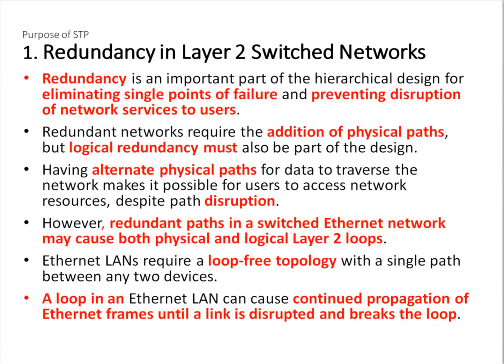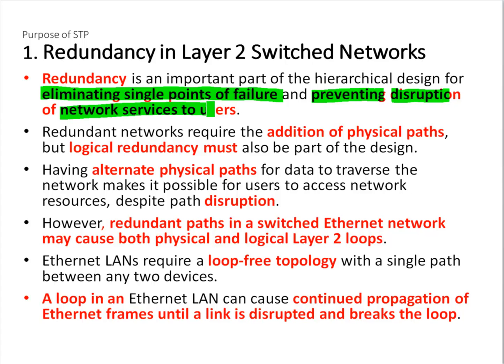Now, I am going to the redundancy concept, redundancy in layer 2 switch networks. It is a very important concept. Redundancy is very important for safety, for eliminating a single point of failure. If there is a failure in one place, one link, you can automatically use the other link, so you can prevent disruption of your network services.